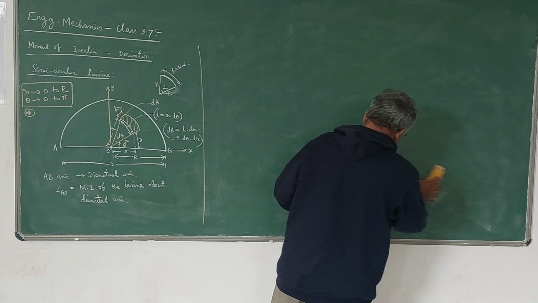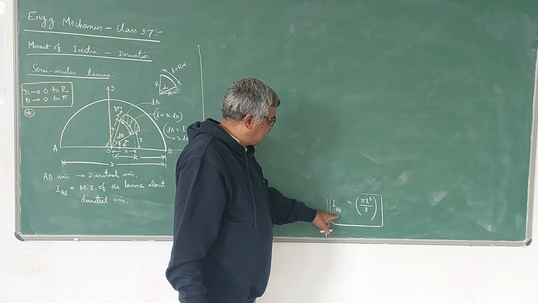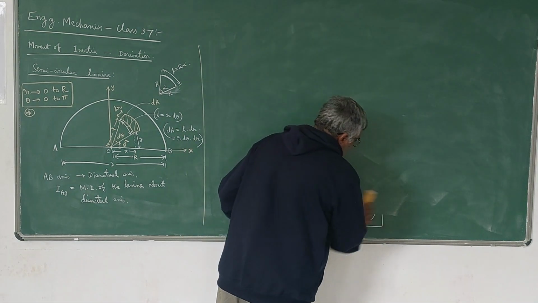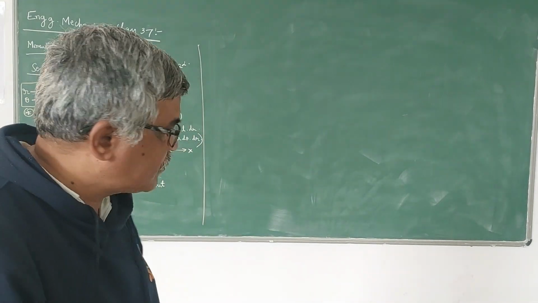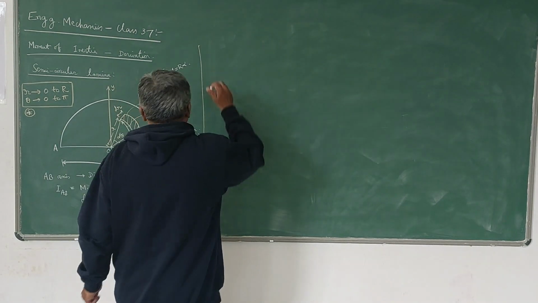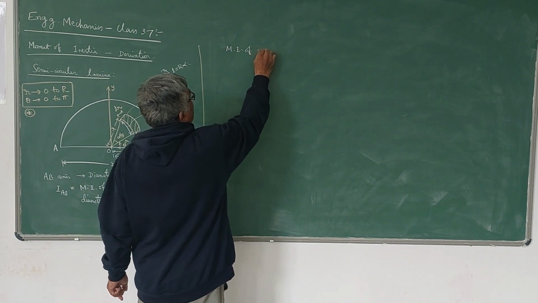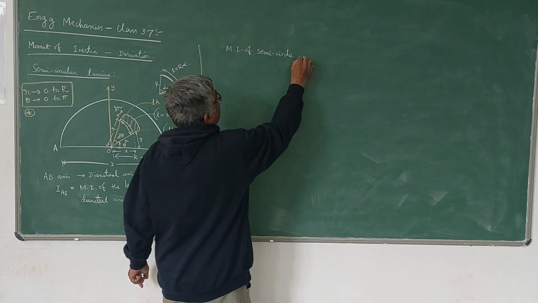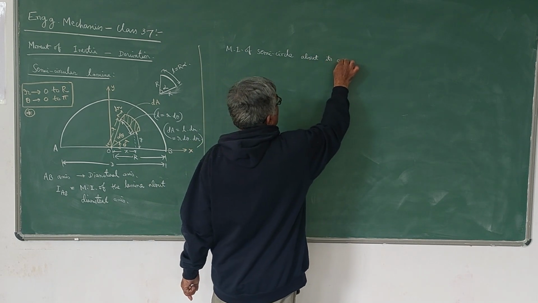You know that the moment of inertia of the semicircle with respect to the diameter axis is pi r power 4 by 8. Now I will write the moment of inertia of the semicircular lamina about its centroidal axis.